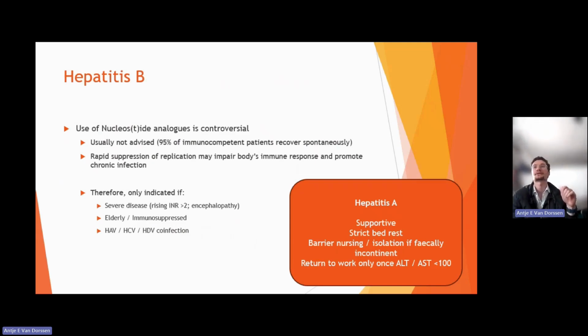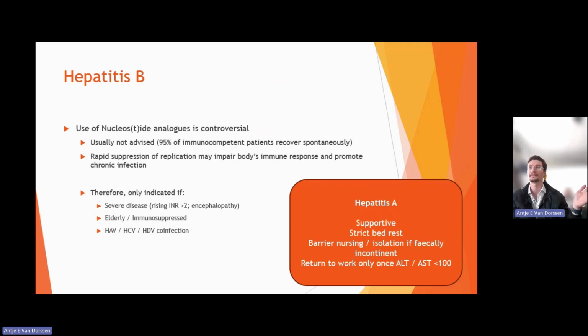The viral hepatitis. There's a little bit of controversy in treating Hep B, but the use of antivirals or direct antiviral therapy is usually not advised in acute Hep B, because 95% of immunocompetent patients will recover spontaneously, and rapid suppression of viral replication may impair the body's ability to create antibodies to the virus, and hence predispose the patient to developing chronic relapsing infection, which is not something we want.